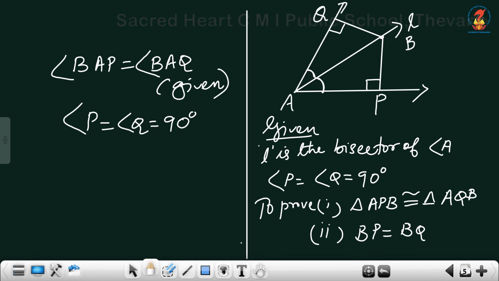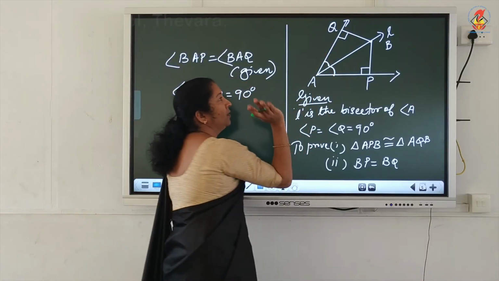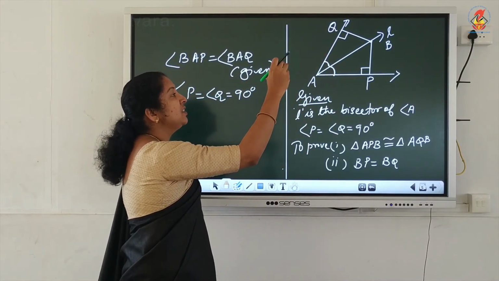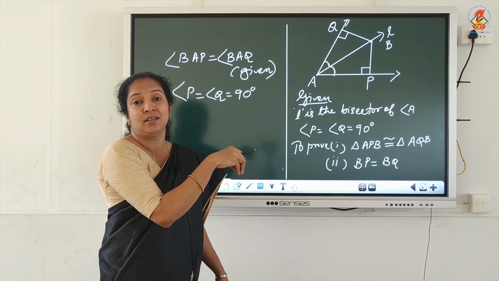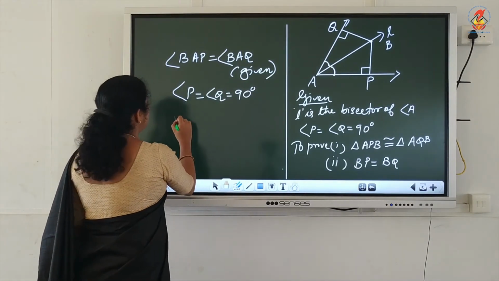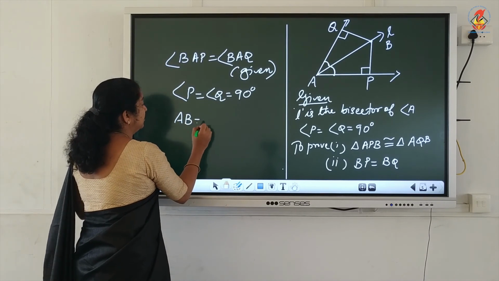Then we need one side, which is the common side here. AB is the common side because when we keep one over the other, you just fold it. So Q and P will coincide, B and B will coincide, A and A will coincide. So AB is equal to AB, common.